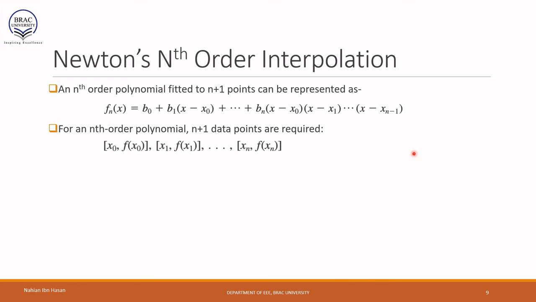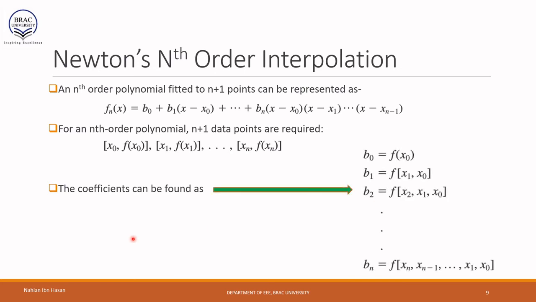As we said, for an nth order polynomial we need to have n plus 1 data points. So these are the data points: x0, f of x0, this is the first data point; x1, f of x1, this is the second data point; similarly up to the n plus 1th data point, which is xn, f of xn. The equations can be easily determined, as we have seen in the case of the second order polynomial.